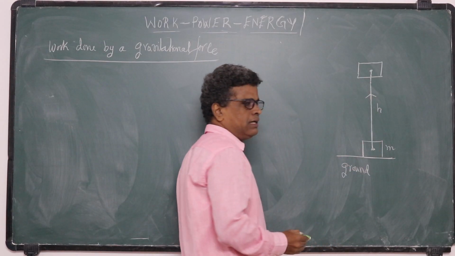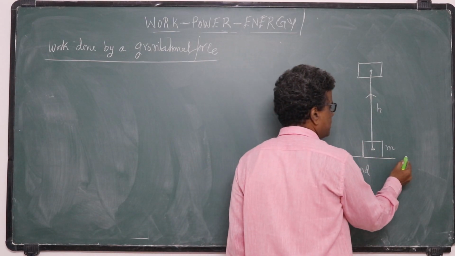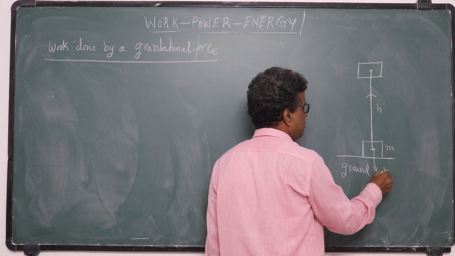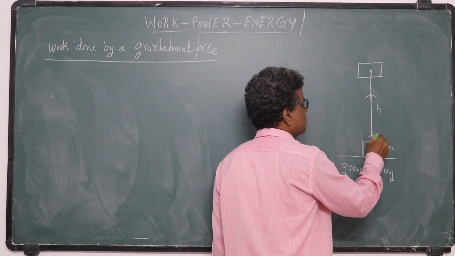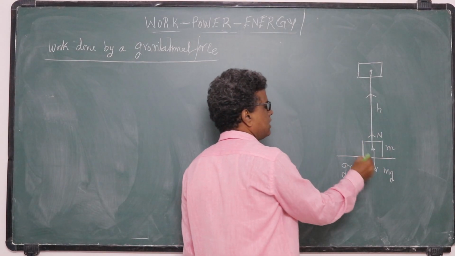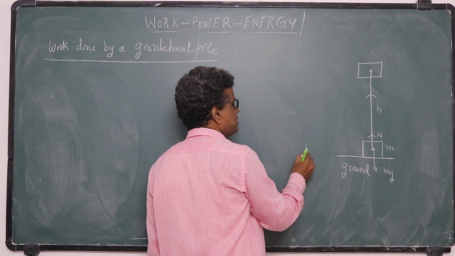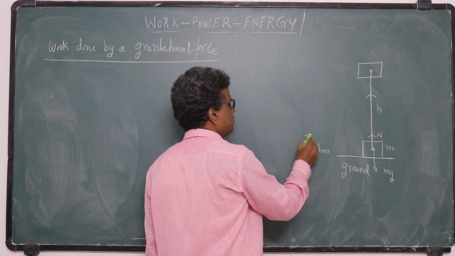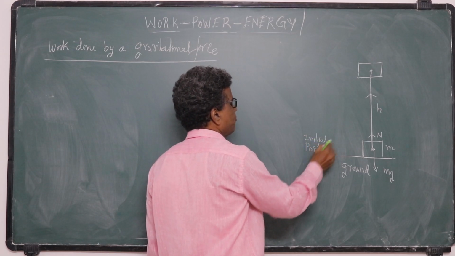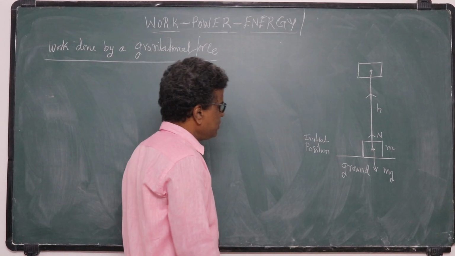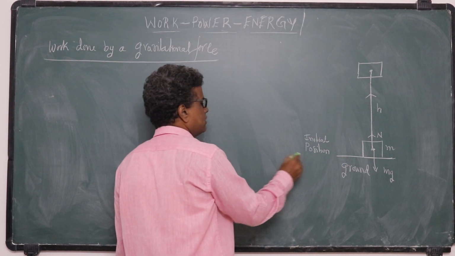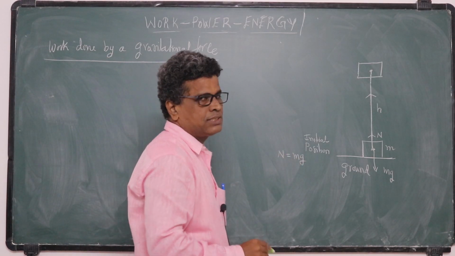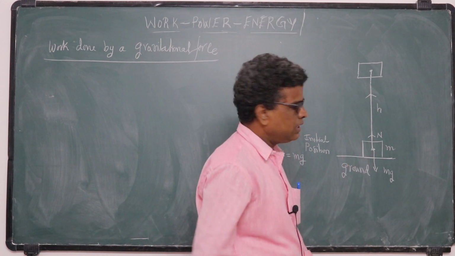When the box is in position A on the ground, it is in equilibrium: the weight of the box acts vertically downwards, and the normal reaction acts vertically upwards. This is the initial position, where N balances mg. So the normal reaction balances the weight of the box under equilibrium.